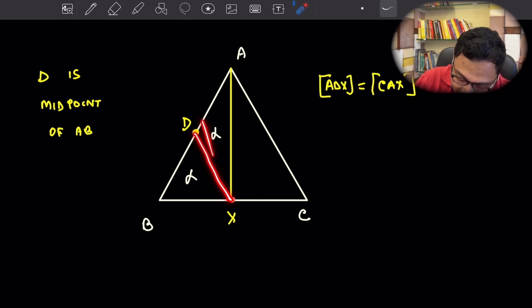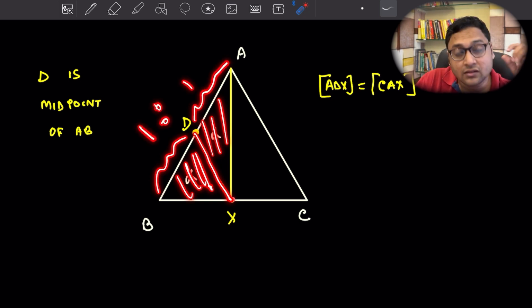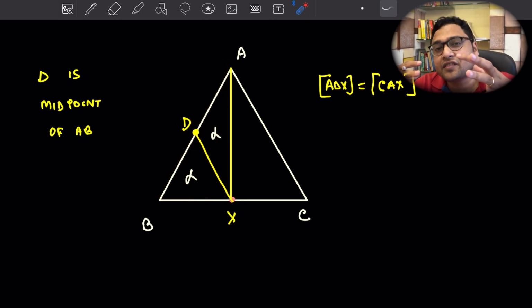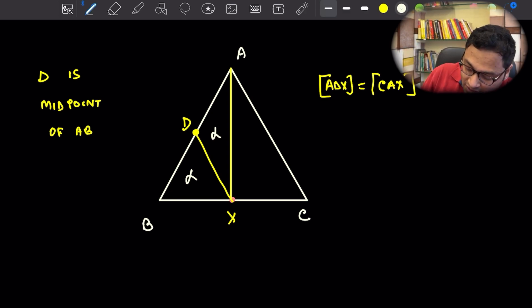So the ratio of areas of these two triangles is equal to the ratio of their bases, which is 1:1. The bases are equal because AD and BD are equal because D is the midpoint of AB. Therefore, these two areas are also equal. You can also remember this like this: the median of a triangle splits a triangle into two pieces with equal area.